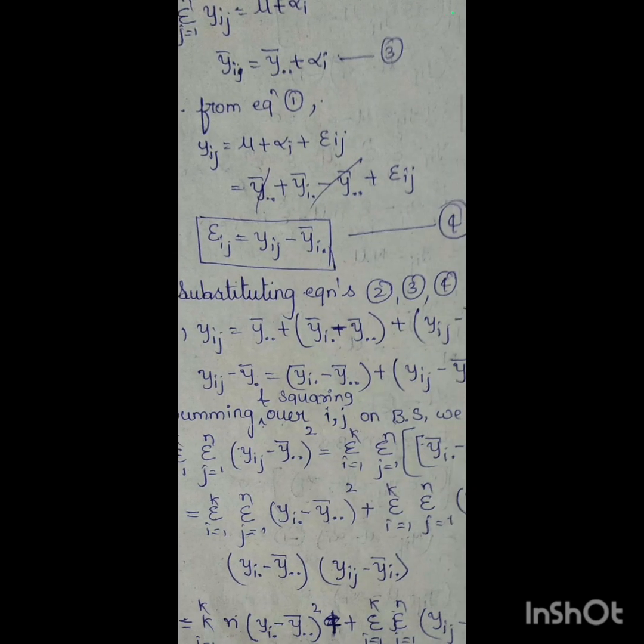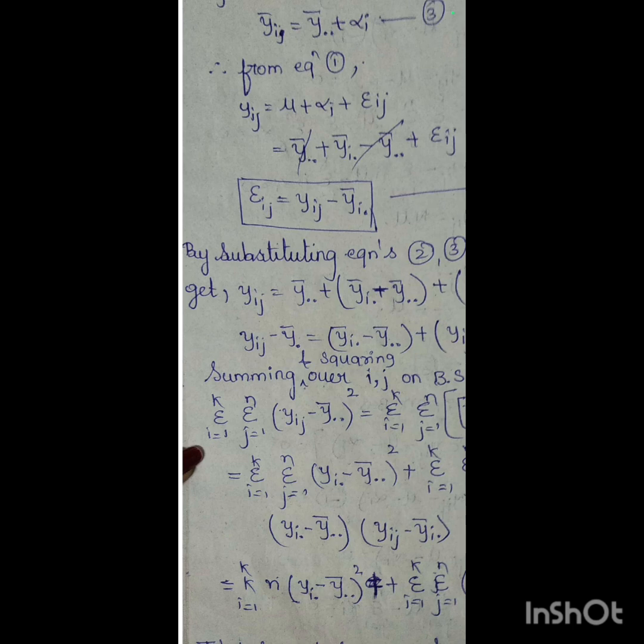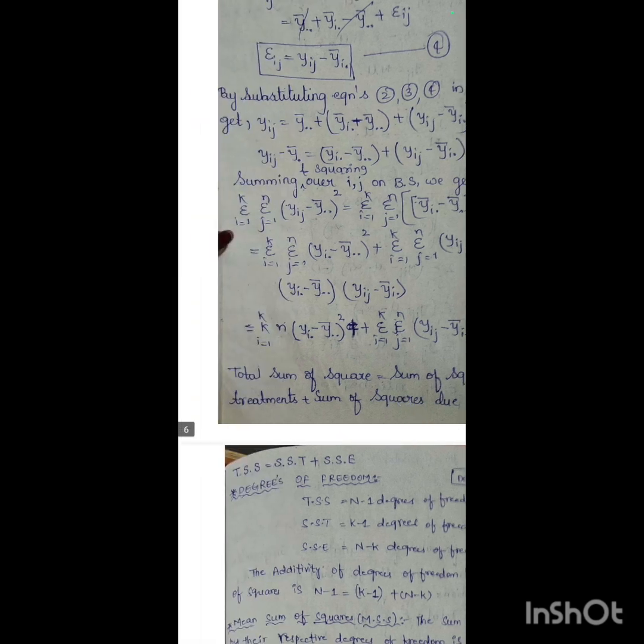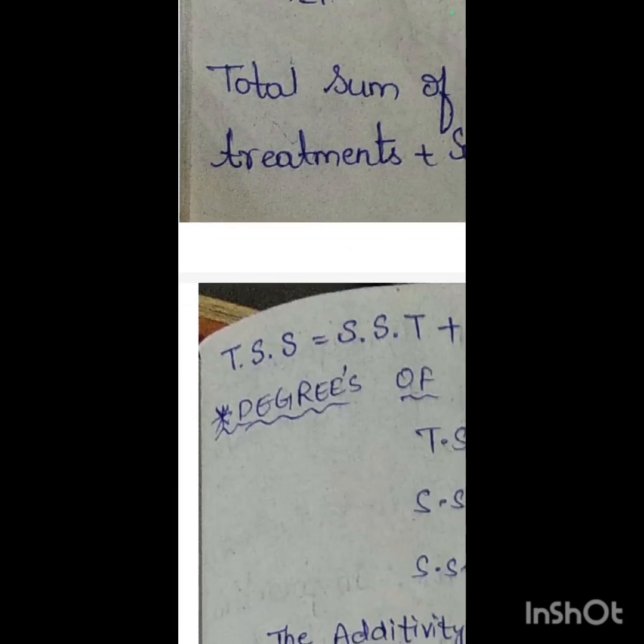Summing and squaring on both sides, we get the mathematical model with the respective degrees of freedom. The total sum of squares is equal to the sum of squares due to treatments plus the sum of squares due to errors. This can be written as TSS equals SST plus SSE.